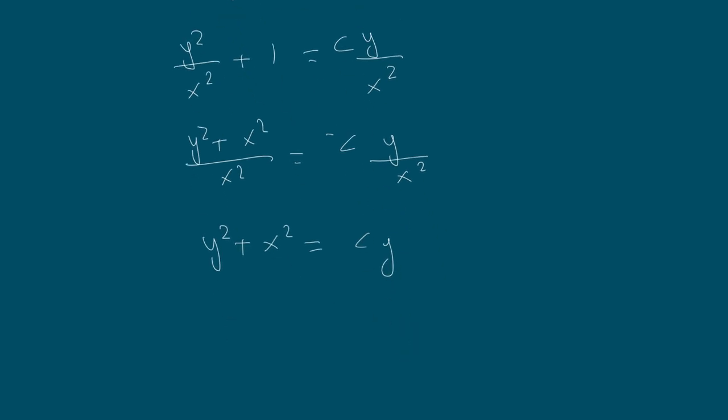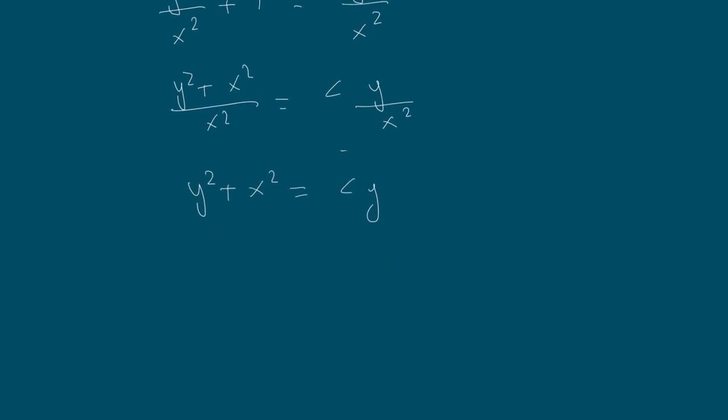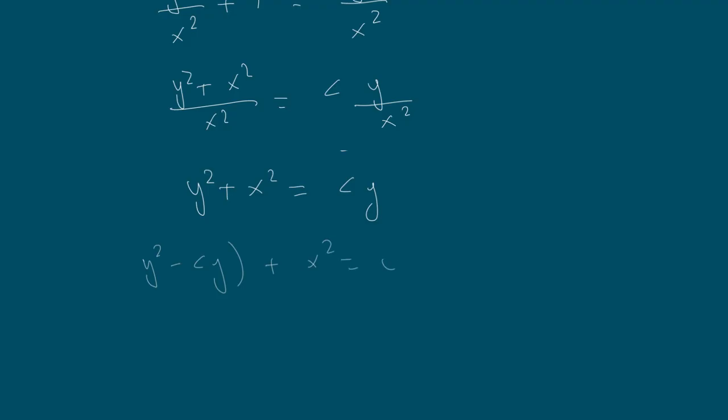So we have to complete the square to realize that this is the equation of a circle where the center will be on the y-axis. Let's complete the square: minus c y plus x squared equals 0, and the y terms can be written like y minus c divided by 2, squared.